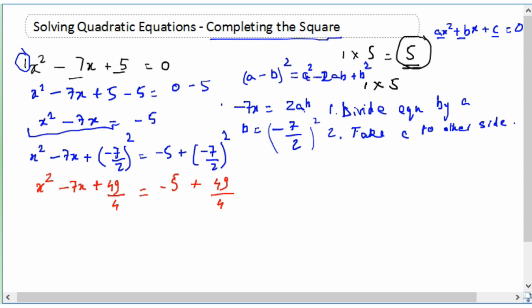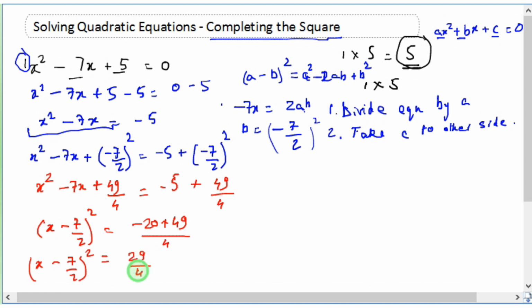So this we know is, since b here we found out was negative 7 over 2, so we get this as x minus 7 over 2 whole square gives us, so we are going to solve for this now. So 4 times 5 is negative 20, negative 20 plus 49 over 4, or we can say that x minus 7 over 2 whole square gives us 29 over 4.